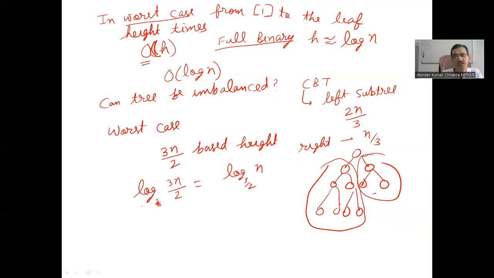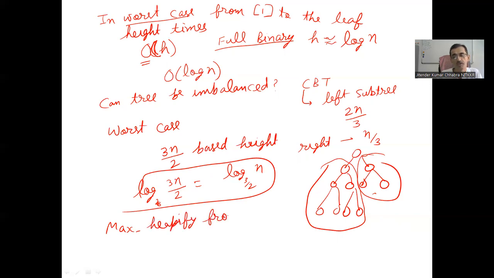So still, if I solve in terms of log calculations, I can say max heapify, if I start from the root and go downwards, has worst case time complexity of order log n.